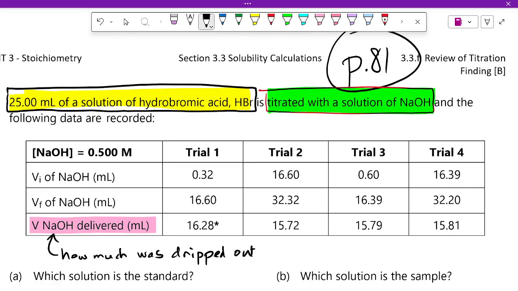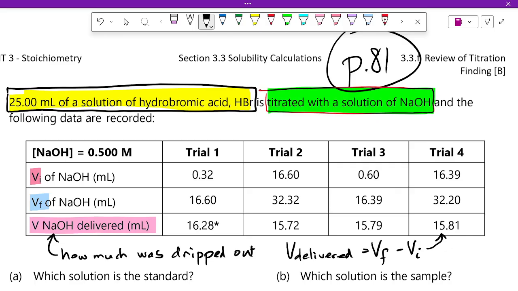How would we take our VI and our VF? Yeah, how much was dripped out? The V delivered equals VF minus VI. Okay, so it's done for you here, but if you needed to do it in the future, this is VF minus VI. Okay.